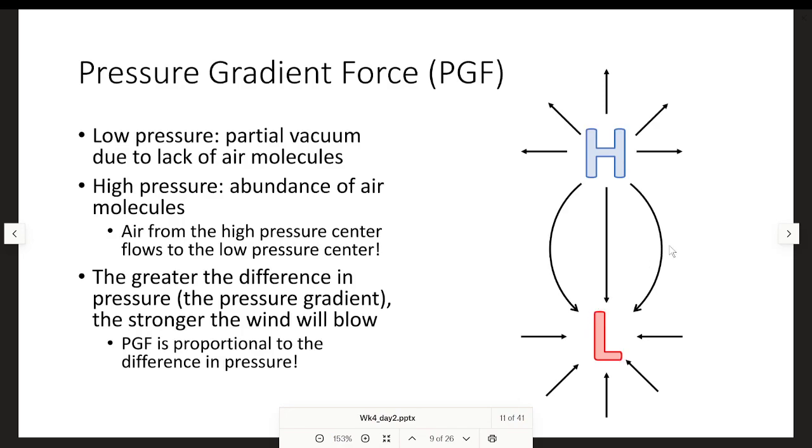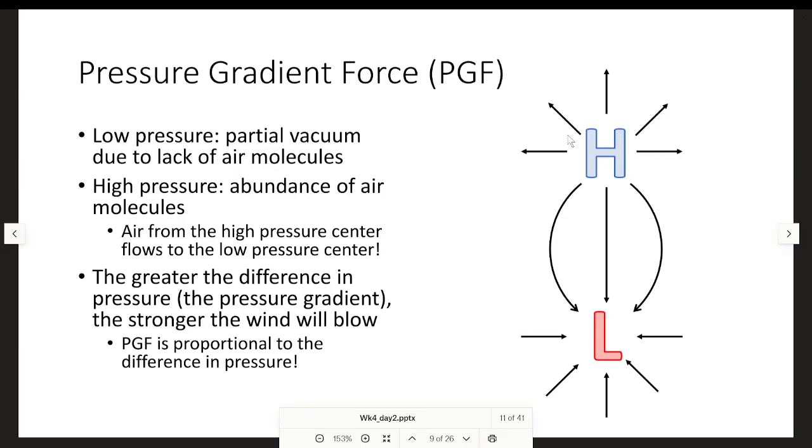Okay, low pressure is a partial vacuum due to lack of air molecules, and high pressure is an abundance of air molecules. So air from the high pressure center flows to the low pressure center. Thus, the greater the difference in the pressure, the pressure gradient, the stronger the wind will blow.